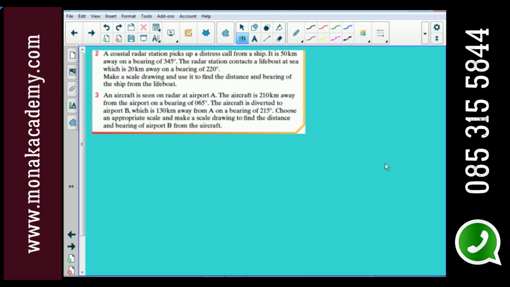We start by having a point which represents our radar station. I'm going to call it R. Our radar station. In cases like this, is it possible to use a protractor?